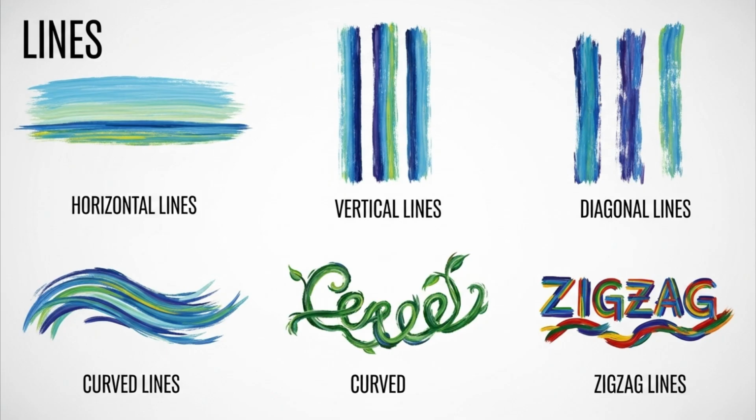Now I am coming to types of lines. Horizontal: calm, restful, stable. Then vertical: strong, dignified, uplifting.